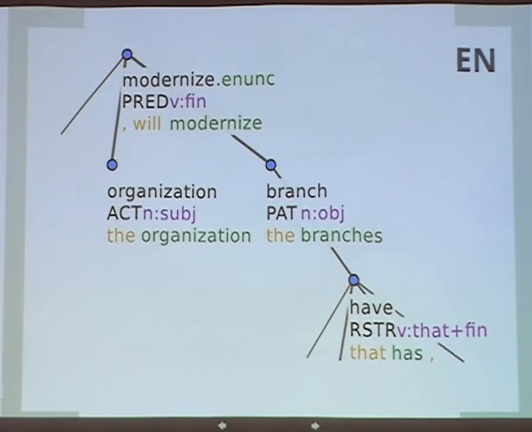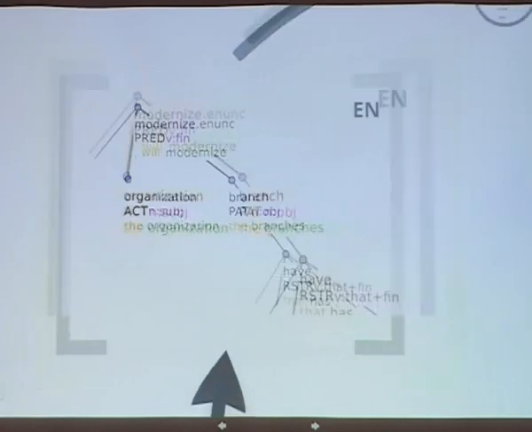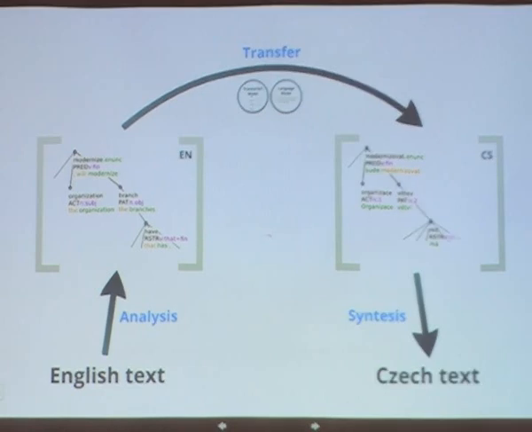So in this case, here is a branch, and this organization should help it. And when we have the English tree, we just copy it to the Czech side, and then transfer or translate the lexical units or lemmas, and also formemes.